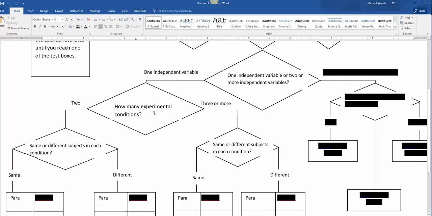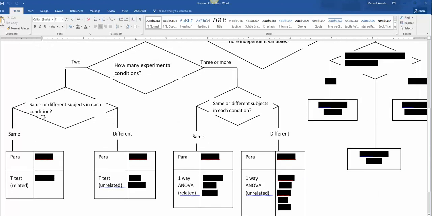Again, we have one independent variable, two conditions, being exposed to short words or long words, then it's the same individuals who are exposed to the short words and the long words. And because of that, the test that has to be used for determining differences in the number of words that were memorized under the two separate conditions of short and long words is the t-test for related samples.